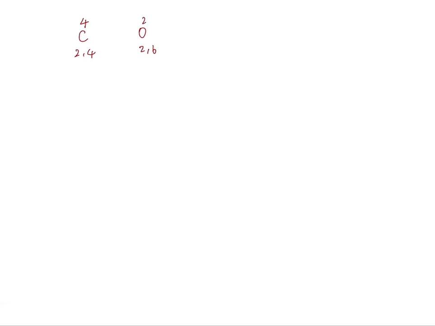So 2 more electrons are needed. Then we cross, and it will become C2O4. After you work this out, remember we need another step. We need to make it the simplest, so it will be CO2.